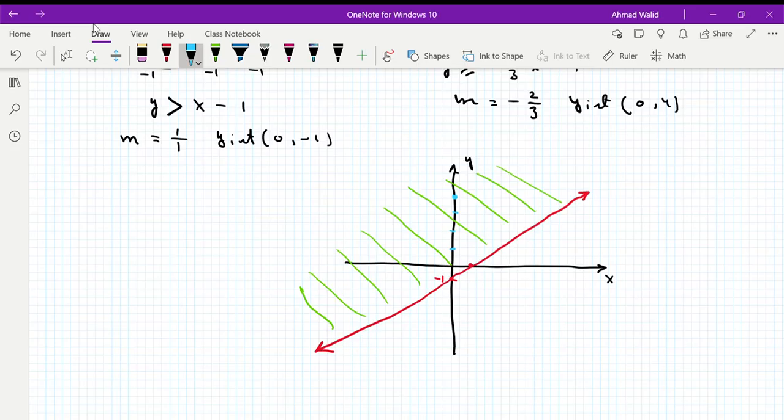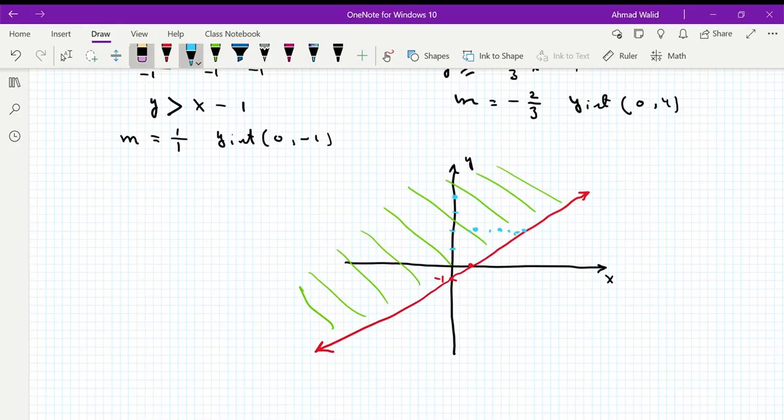Slope negative 2/3. 2 down, 3 right. Let's make it bigger. 1, 2, 3. Now, which kind of line?